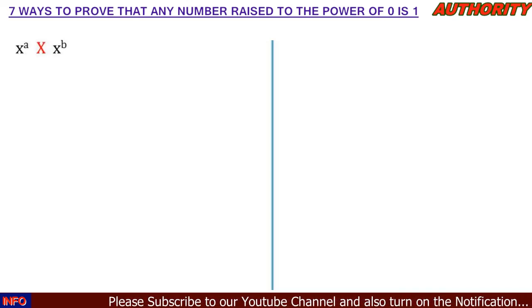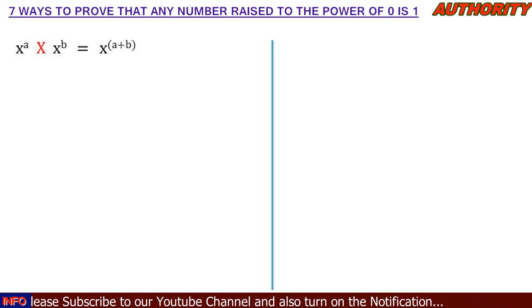In the law of indices, we simply say x raised to power a plus b. Is that true? Yes. Since the base is the same, we simply add the exponents.